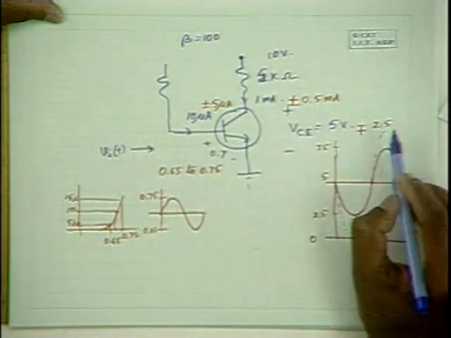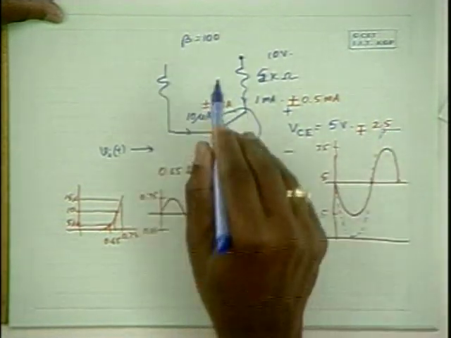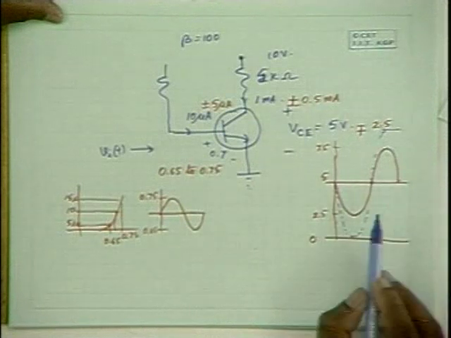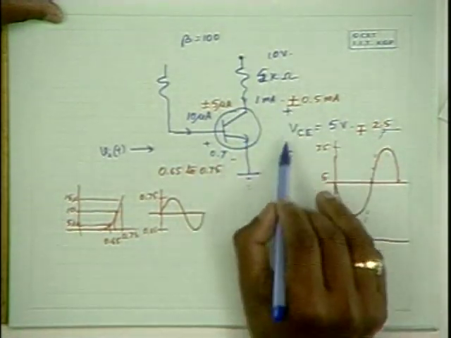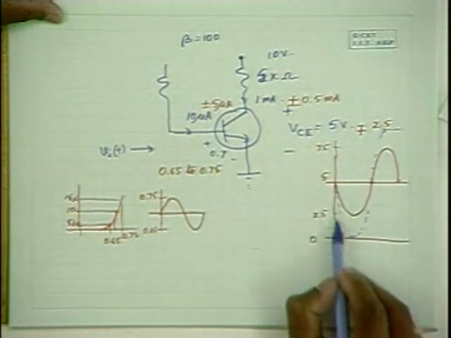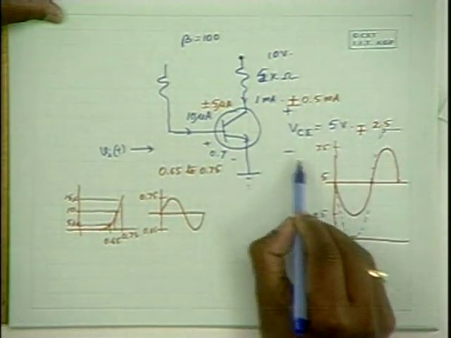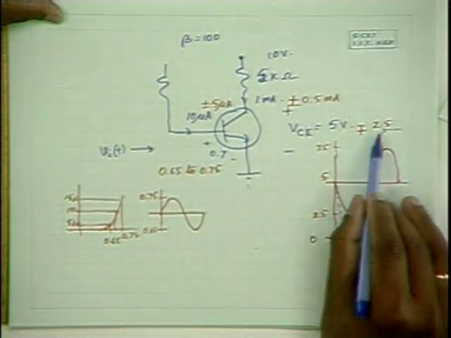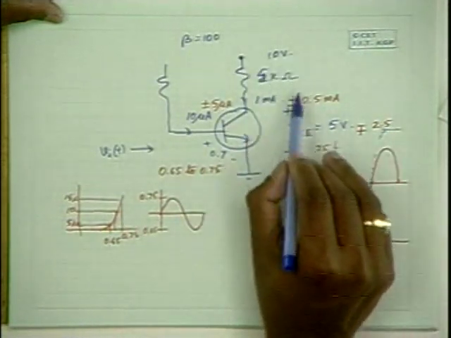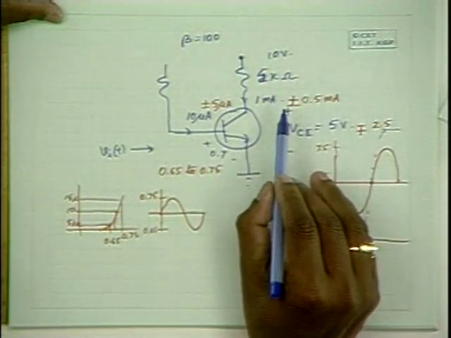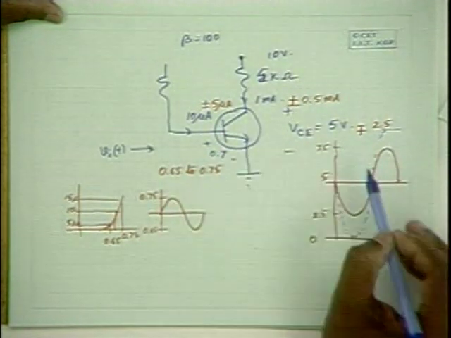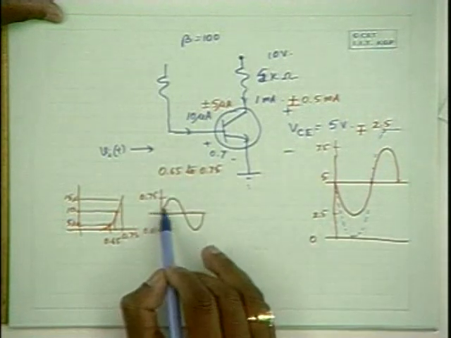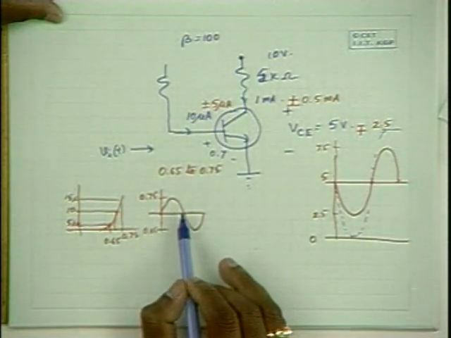With 0 current it can go up to 10 volts. It cannot go beyond that. Hence, the output voltage swing on the lower side is fixed by the biased VCE, and on the upper side it is fixed by the voltage drop across RC under biasing conditions on the output side. Similarly, on the input side also they are limited.